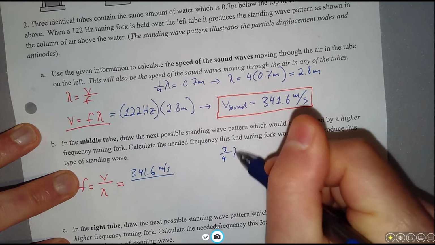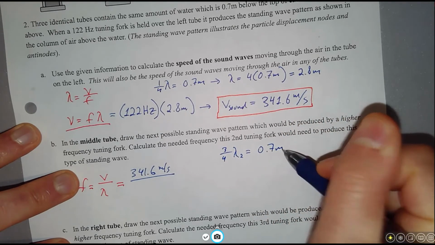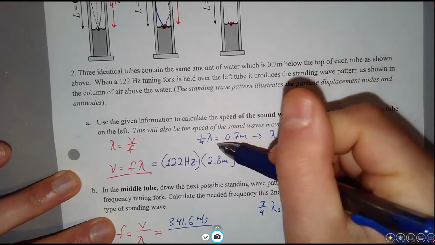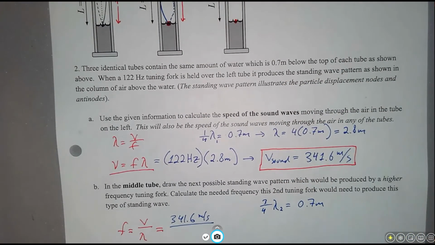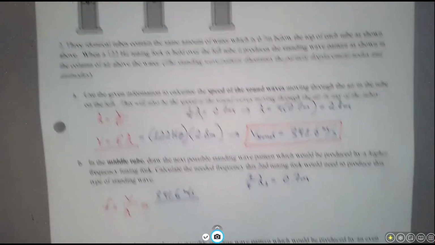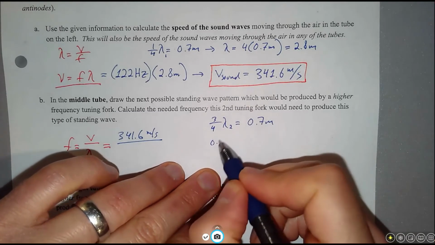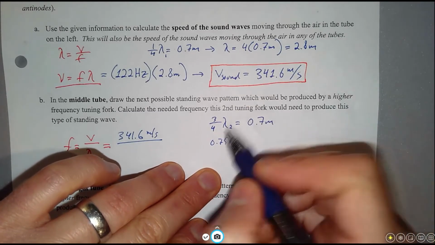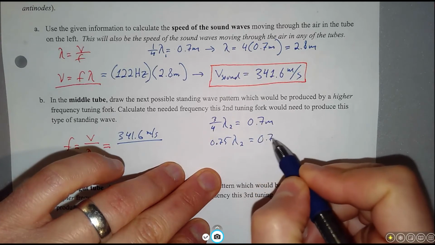3/4 of this, call this wavelength number 2, fit in 0.7 meters. And like here, let's call that wavelength number 1, because they're different frequency tuning forks that will produce different wavelength sound waves. So I'm just going to turn this into decimal equivalent. So 3/4 is 0.75 times wavelength number 2 equals 0.7 meters.